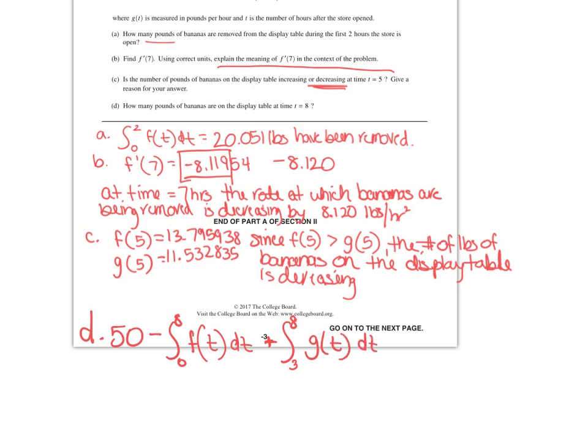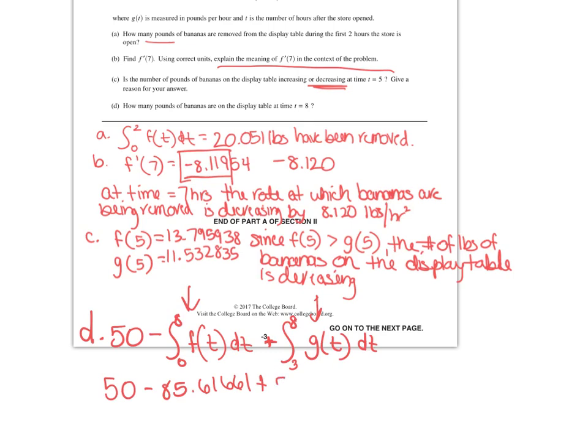If we do the integral for F of T, that's going to give us the total number of pounds of bananas removed in the first 8 hours. If we do the integral here, that's going to be the total number of bananas added back to the table from hour 3 to hour 8. All you're going to do is use your calculator. So you get 85.61661.